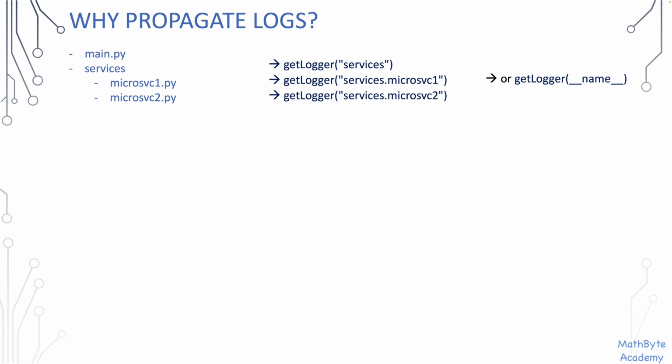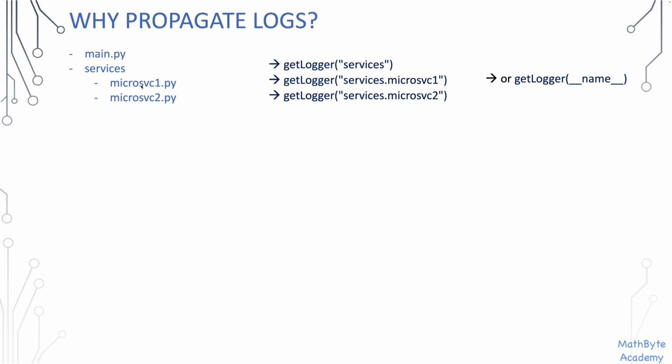Now, one thing to note, you usually never send directly to the root logger. You just don't. We'll see that we're going to configure the root logger to actually have handlers and so on, but we never send to the root logger itself. The best practice is to send to a named logger.